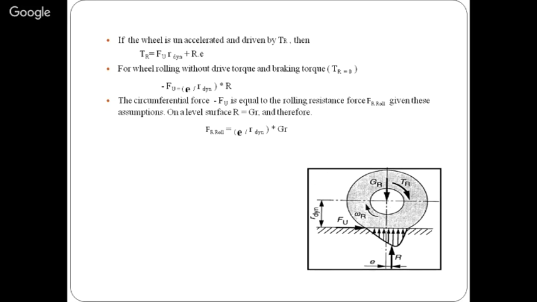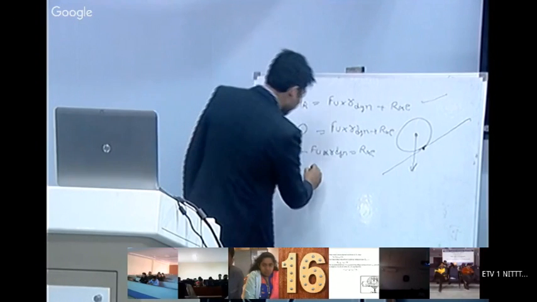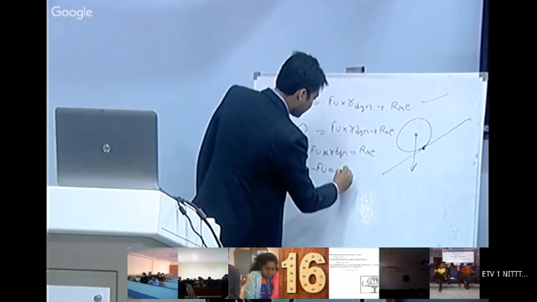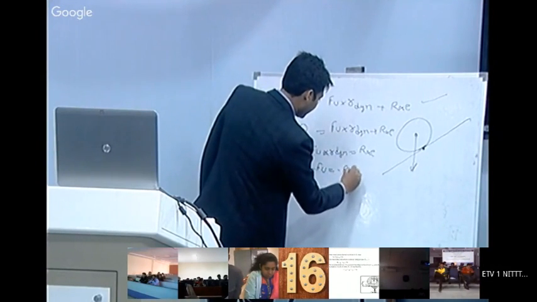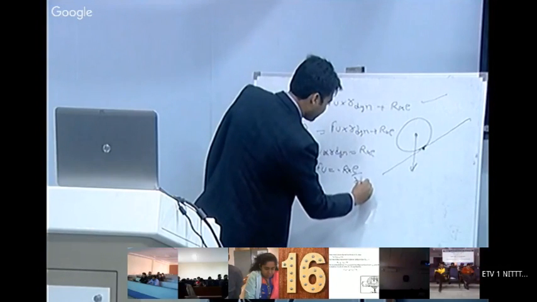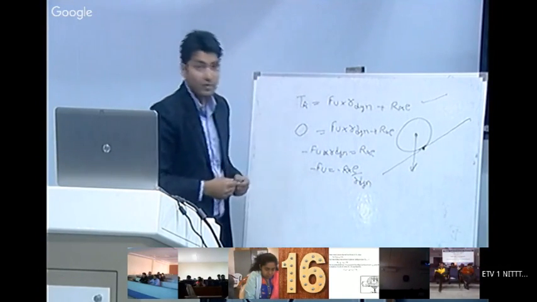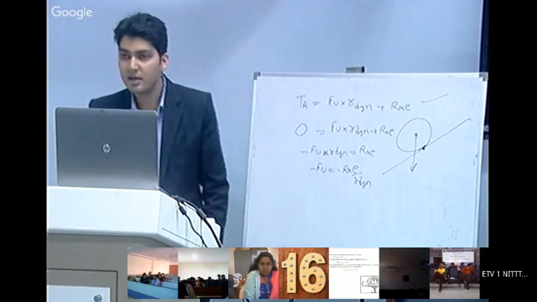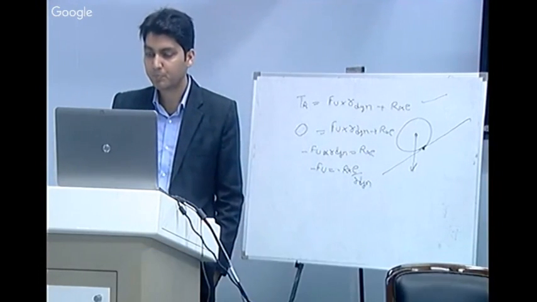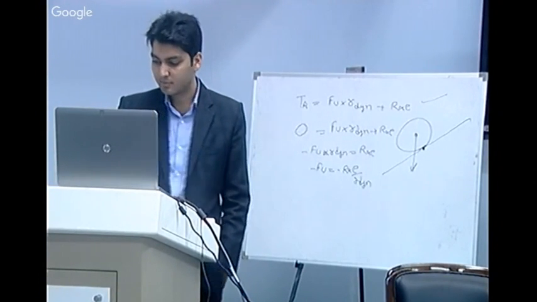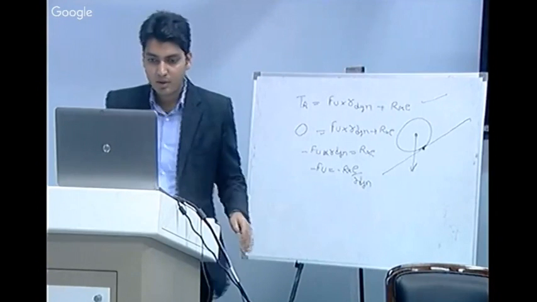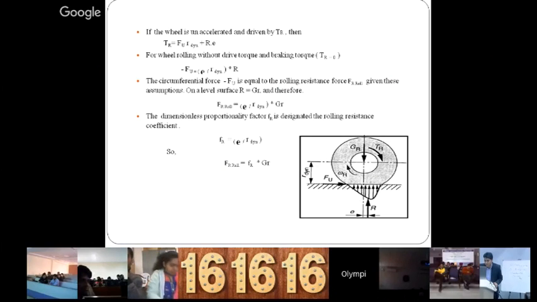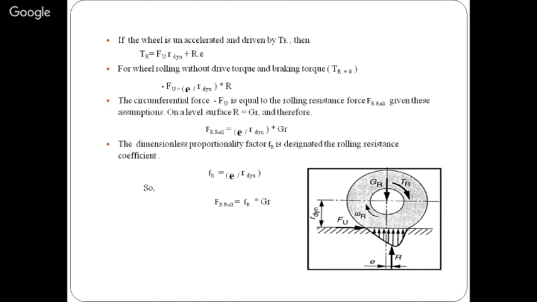So this equation leads to minus Fu is equal to R into E divided by R dynamic. Why is this force negative? Because this is a decelerating force. Clear? The dimensionless factor fR is designated the rolling resistance coefficient.